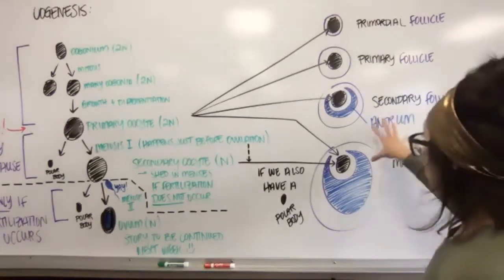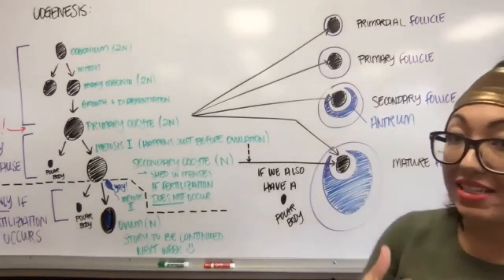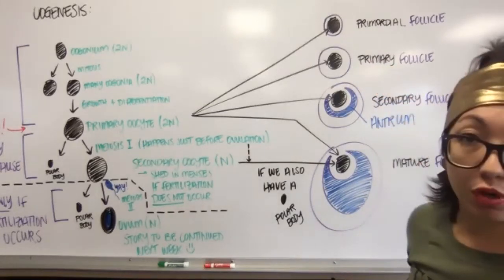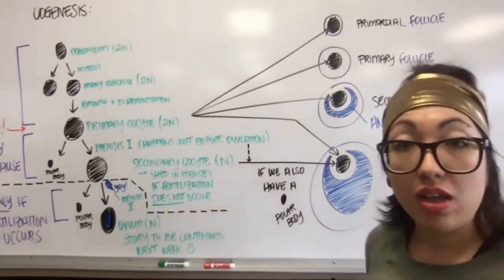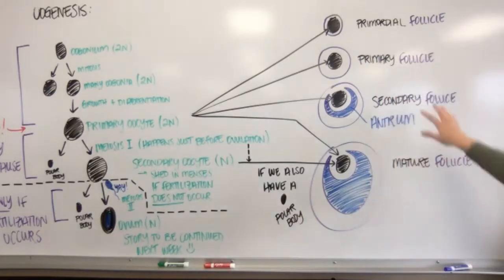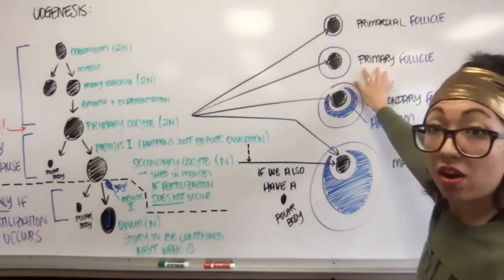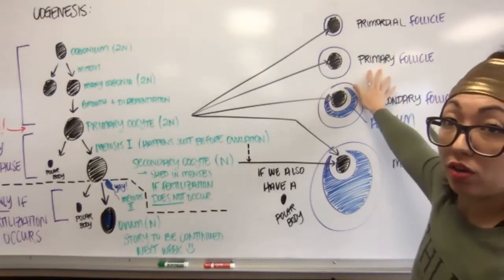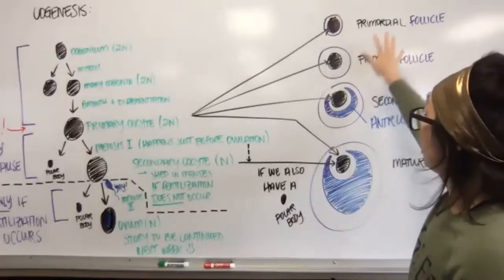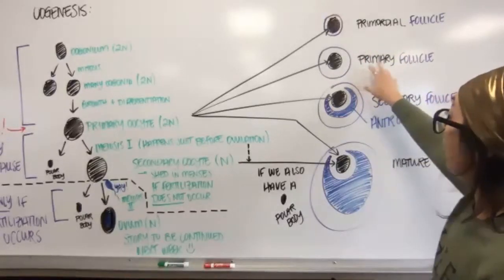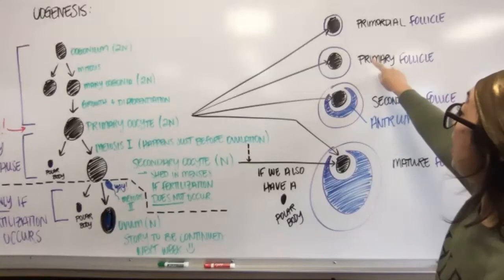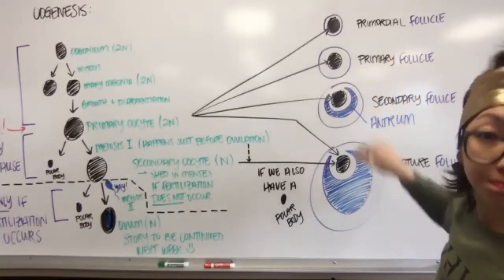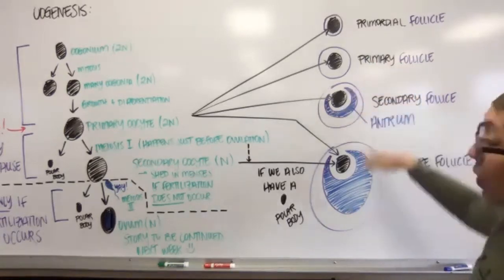Yes, what is instigating the growth from the primary to the secondary is puberty. It's the estrogen that is causing it to grow. So we have these at birth and then they go to primary. And at puberty, estrogen will tell the primaries to go to the secondary, and so on and so forth.